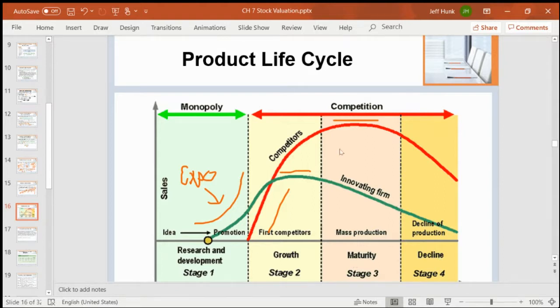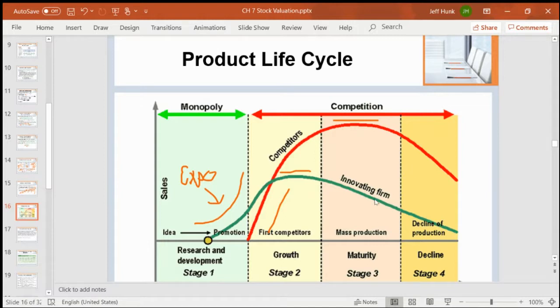Now, maturity means when the market is mature, that means there's no room for growth. So the sales revenue hits the plateau, and the slope is zero because slope represents the rate of growth.